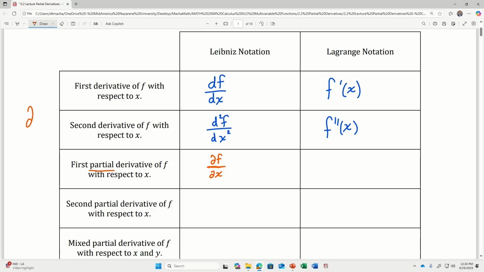It looks like a backwards 6. But that symbol just means partial derivative. It's not really a Greek letter. Sometimes people say that it kind of looks like a stylized lowercase Greek delta.